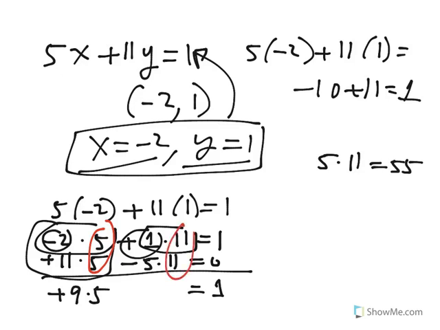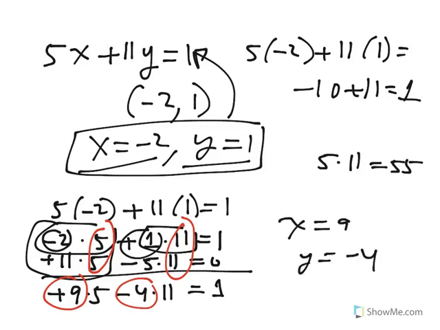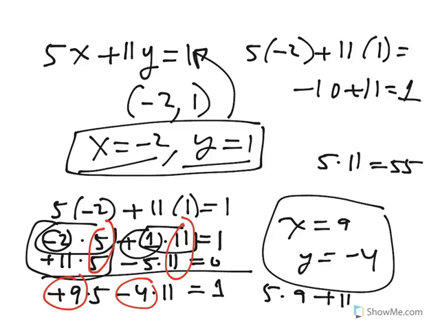I think of these 11s almost like a variable, and 1 minus 5 is negative 4. So what I have here is a second set of answers, 9 and negative 4, which means x equals 9, y equals negative 4 is another solution. It's true: 5 times 9 is 45, plus 11 times negative 4, which is negative 44, does equal 1.